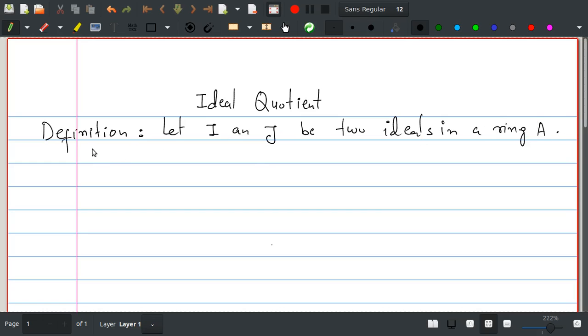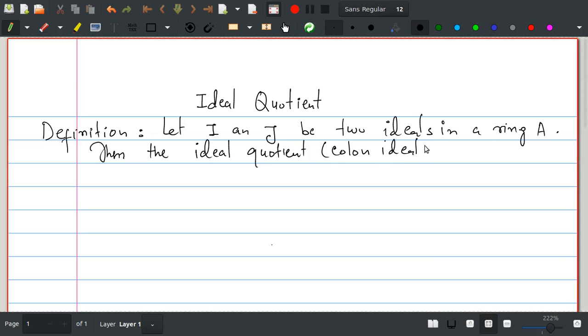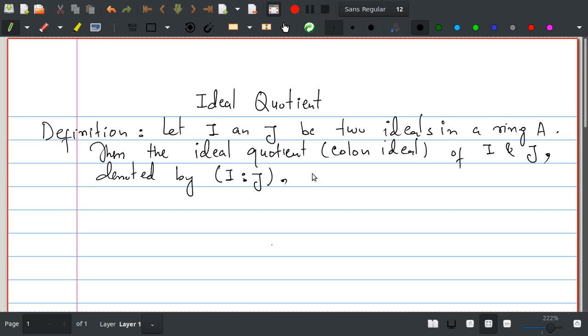Then the ideal quotient, which is sometimes called the colon ideal, of I and J, which is denoted by I colon J, is actually an ideal defined as follows.